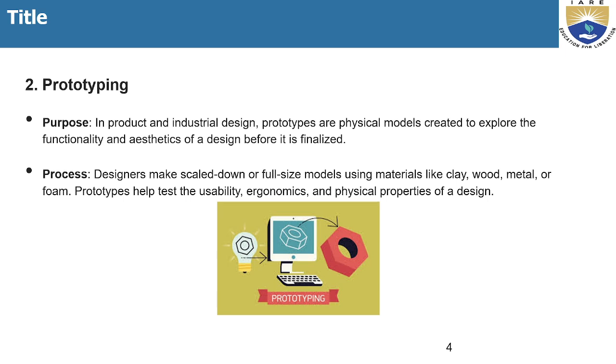Now process. The designer makes a scaled down or full size model using materials like clay, wood, metal, or foam. A prototype helps test the usability and physical properties of a design.